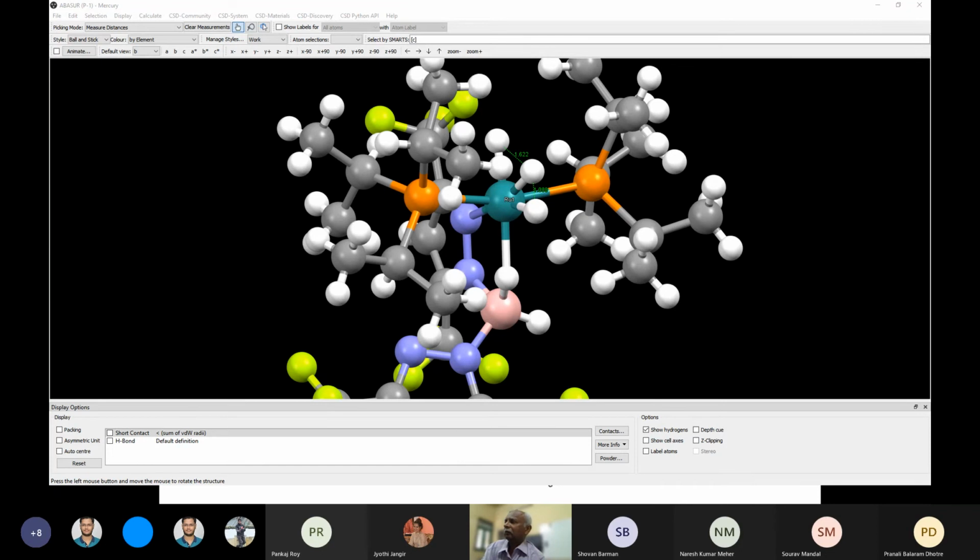Sir, how are D6 metal complexes favoring the eta 2 hydrogen complexes? Is it due to the electron count? I told you there are so many factors which are involved. Electron count is one of them. Electron count, electron density around the metal, steric phenomena. So that's why chemistry is a lot more complicated and a lot more interesting.